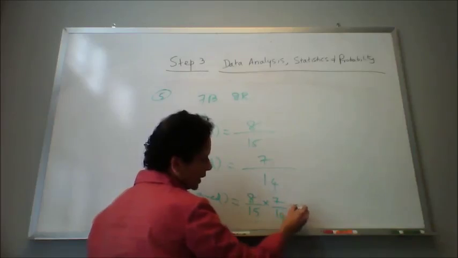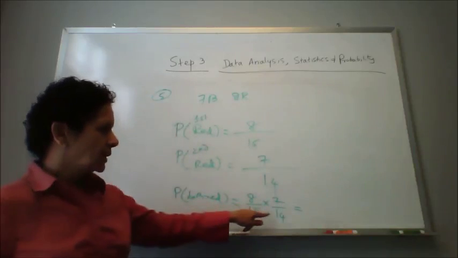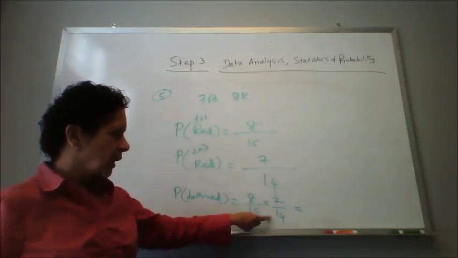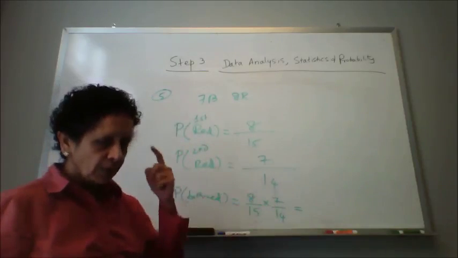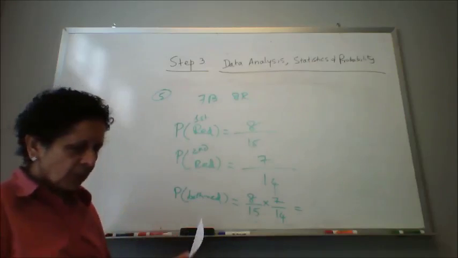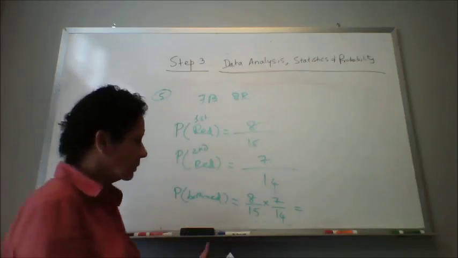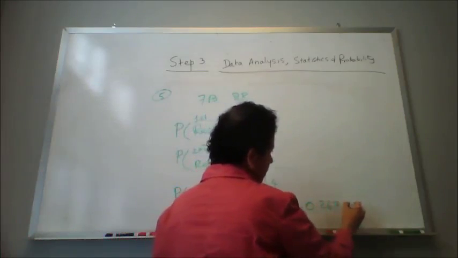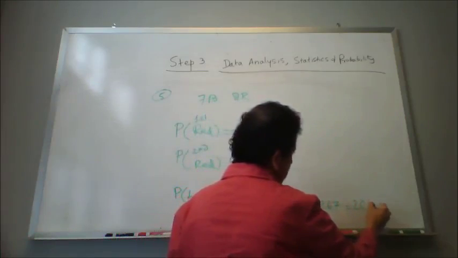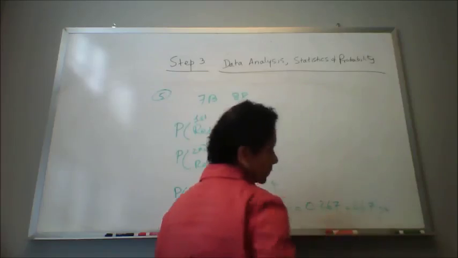So now you see that if I replace it, the second one was 8 over 15. If I do not replace it, 7 over 14. So you need to remember that, right? So then when you compute this comes out to be 0.267. So this is a different number, 26.7%. Okay?